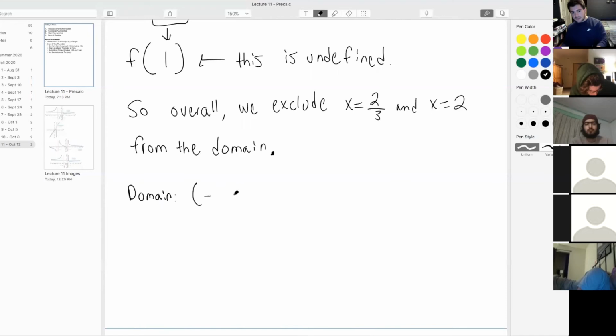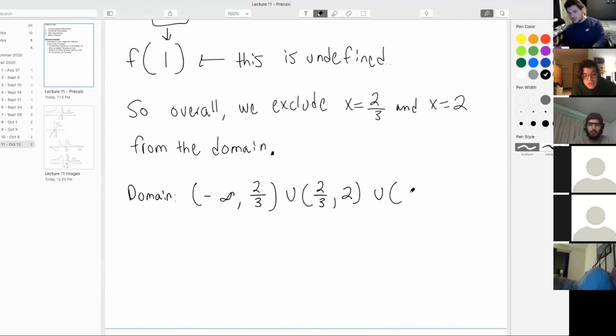It will be minus infinity to 2/3 union 2/3 comma 2 union 2 comma infinity. Just notice we have no square brackets around the numbers 2/3 and 2 because we're not including them. Parentheses mean they're not included in our set. So this would be the final answer.